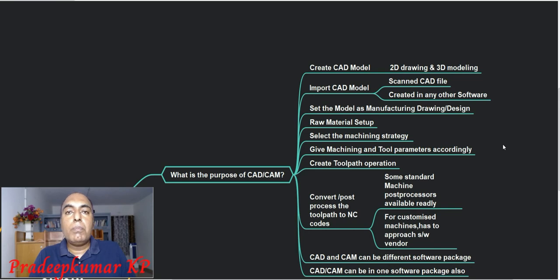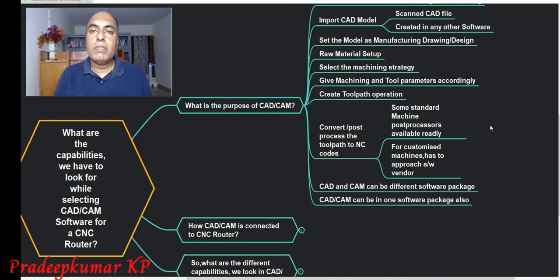So we have to approach the software vendor to create a post processor suitable to that particular machine controller. CAD and CAM can be different packages from different vendors, and you can also get them from the same vendor as a single package with different modules.